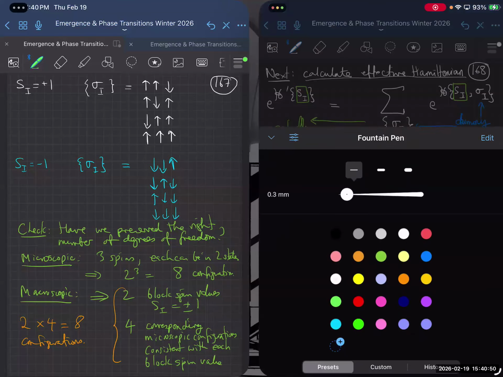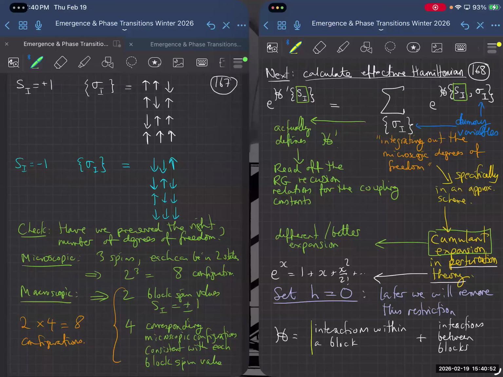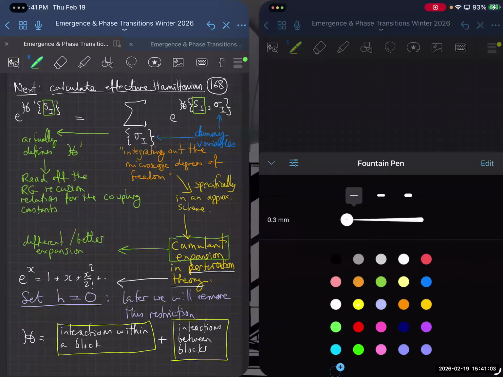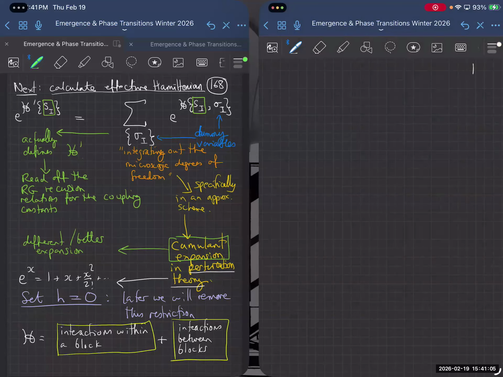Okay, so that's the trick that we want to do. Now the original Hamiltonian isn't written down in terms of blocks, and so it doesn't have that form. So we're now going to beat it down into this form. So let's see how we do that.